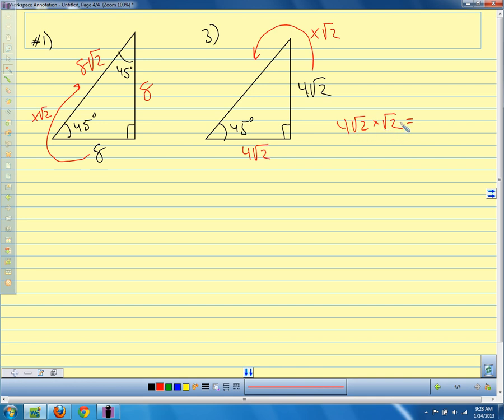I leave this number by itself out here. 4 square root of 4. Square root of 4 is 2, so I get 4 times 2, which is 8. So that side would be 8. So these two sides are 4 square root of 2. That side's going to be 8.